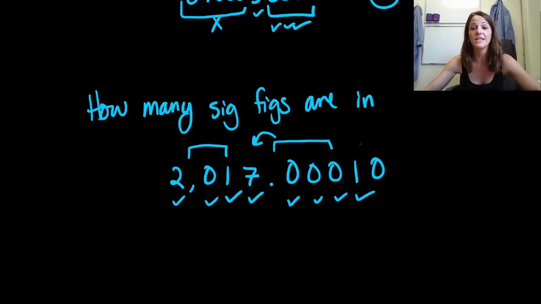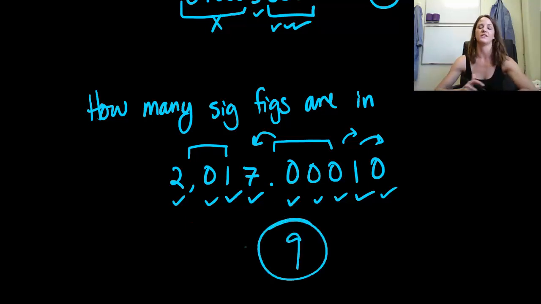And then if you have a 0 to the right of a significant figure that is to the right of a decimal, then that is definitely significant as well. So we have 1, 2, 3, 4, 5, 6, 7, 8, 9 significant figures in that question. It's a lot. This is something you absolutely have to practice, so please drill it. Do as many examples as you possibly can.